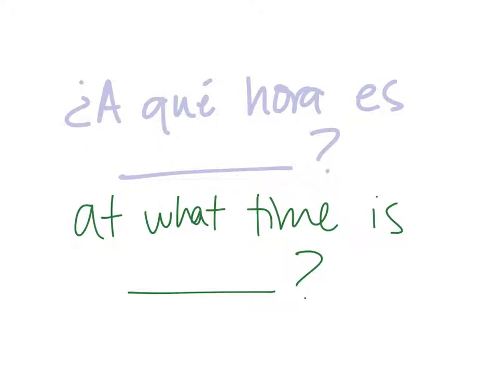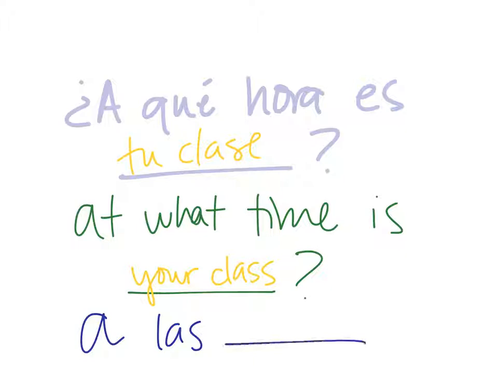So if you're saying, ¿A qué hora es tu clase? At what time is your class? Right? And then you could answer that by saying, a las, and then whatever. So if your class is at 3, you could say, a las 3. Okay, so the first question I taught you at the very beginning was, what time is it? And this is saying, what time is something, like an event, all right?